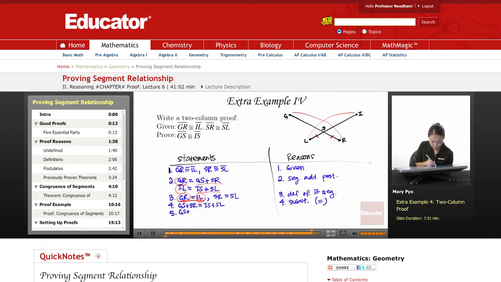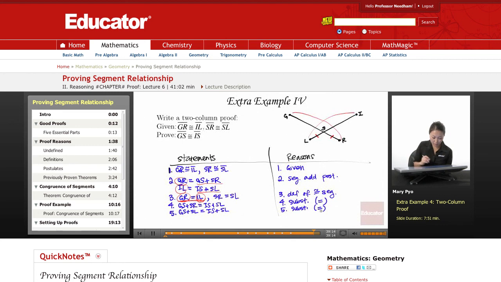I can change this to SL, or I can change this one to SR. So let me just change this to SL: GS plus SL equals IS plus SL. Okay, so step 5, I'm running out of room here. I use the substitution property. Remember not to write SUB for substitution, because that can be subtraction property too.